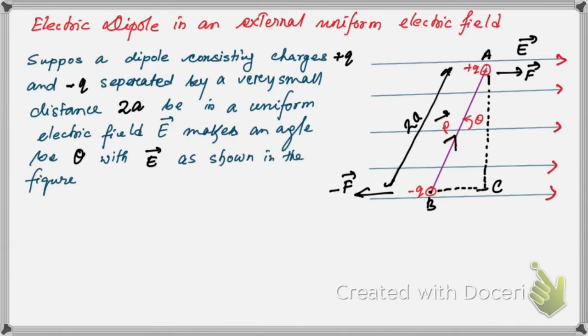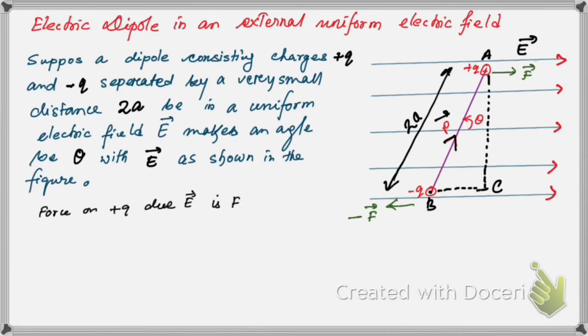Now here you see the force on the positive charge Q is in this direction and on the negative charge Q in this direction. The force on the positive charge due to this electric field will be given by charge into the electric field, QE.